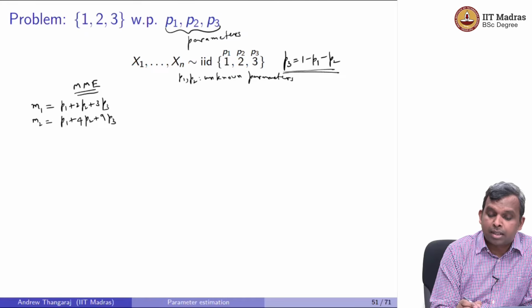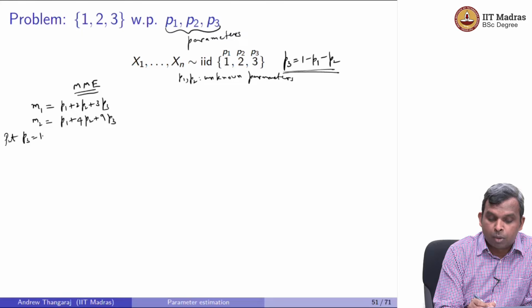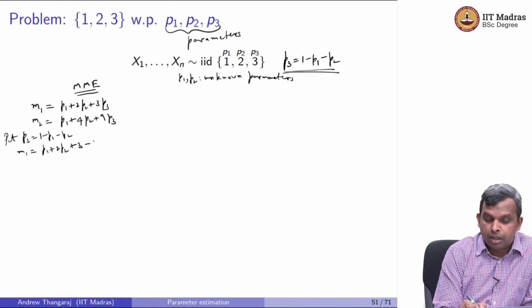Here I can substitute P3 equals 1 minus P1 minus P2. So if you put P3 equals 1 minus P1 minus P2, I'm going to get M1 equals P1 plus 2P2 plus 3 minus 3P1 minus 3P2.